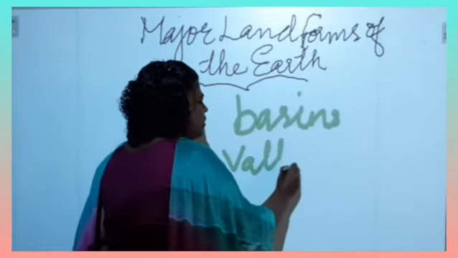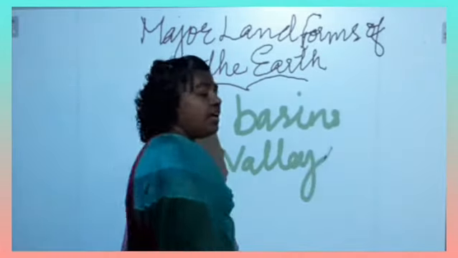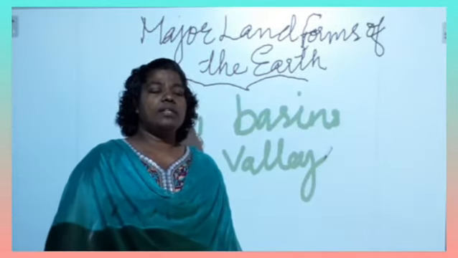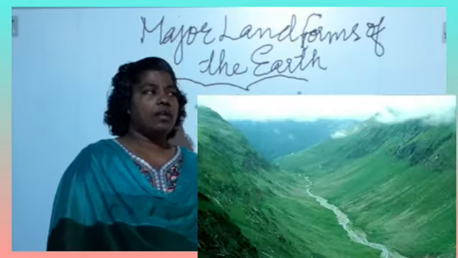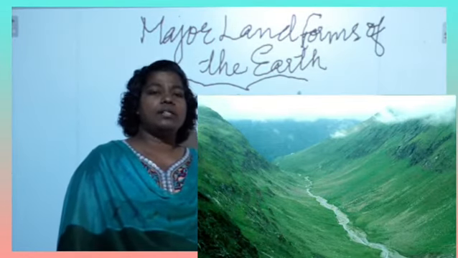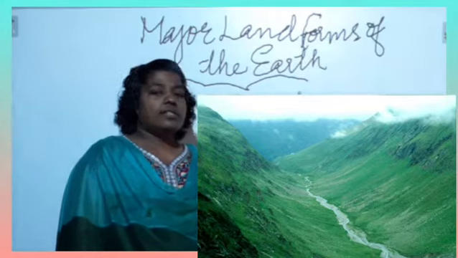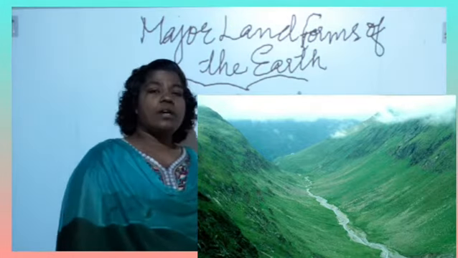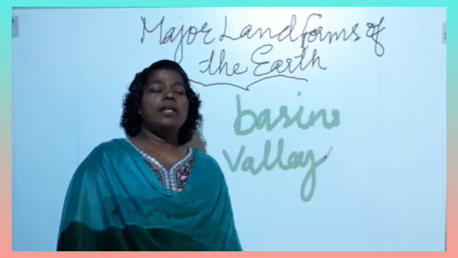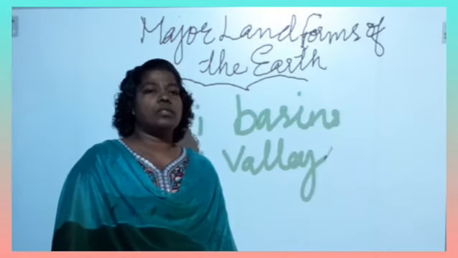What is a valley? A valley is a low-lying area between the mountains or hills. And how are these valleys formed? These valleys are formed due to the movements of the earth plates.